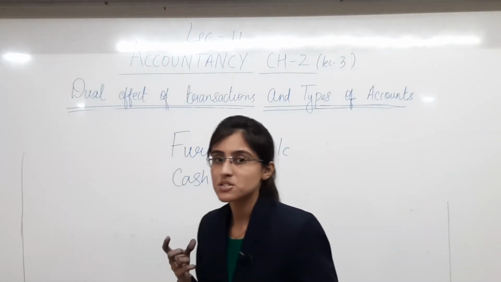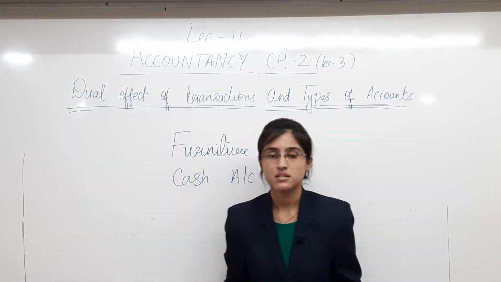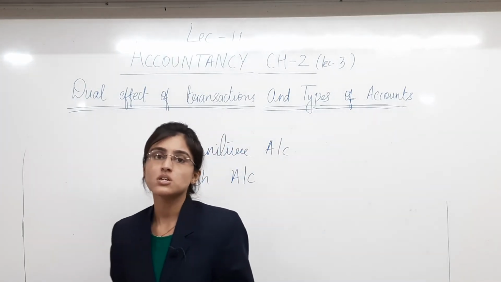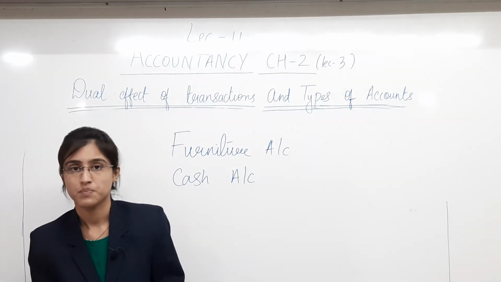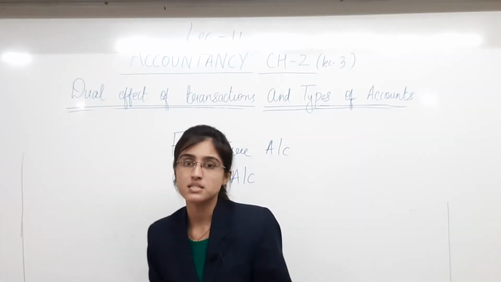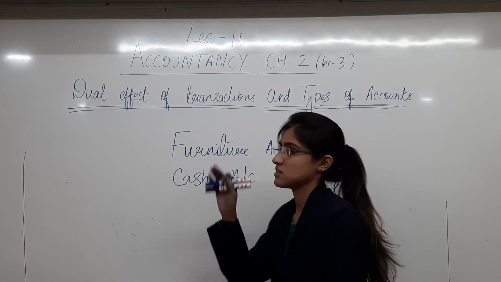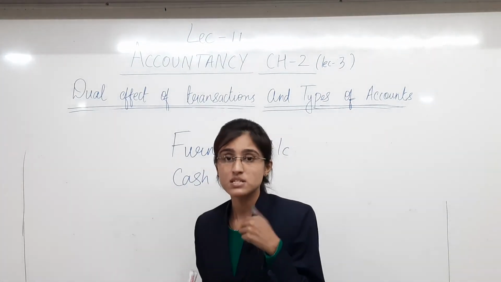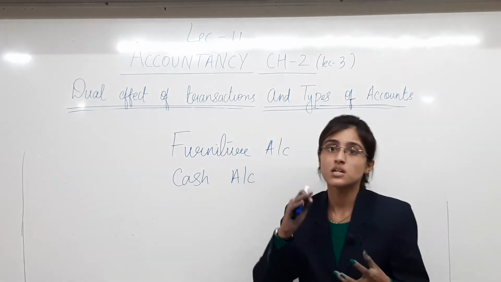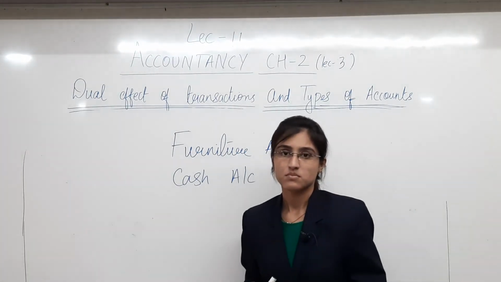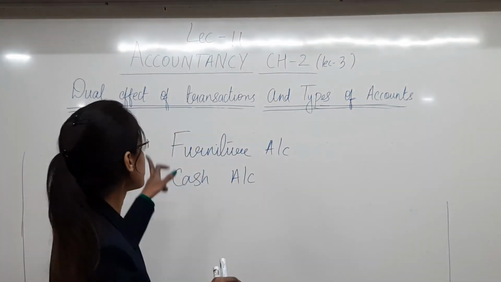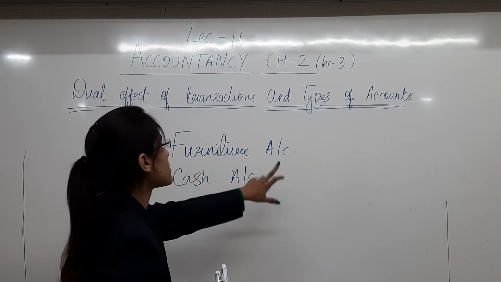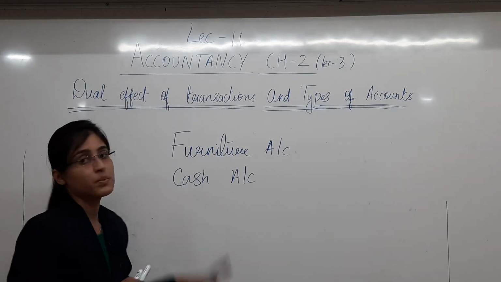The word purchase and sales is always to be used in reference of purchase and sale of goods only. Whenever you will purchase an asset, you will write down the name of that asset. Whenever you will sell any asset, you will write down the name of that asset. Yes. So this is the reason I have written furniture account here instead of writing down purchase account.